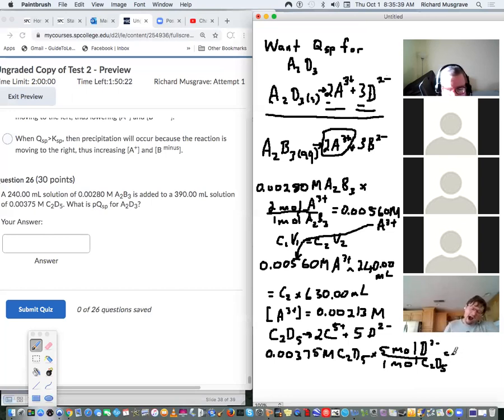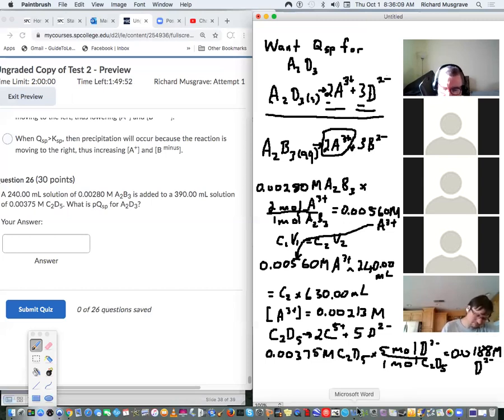Which comes out to be 0.0188 molar. And that's the D2− here. Does anybody have any questions so far?